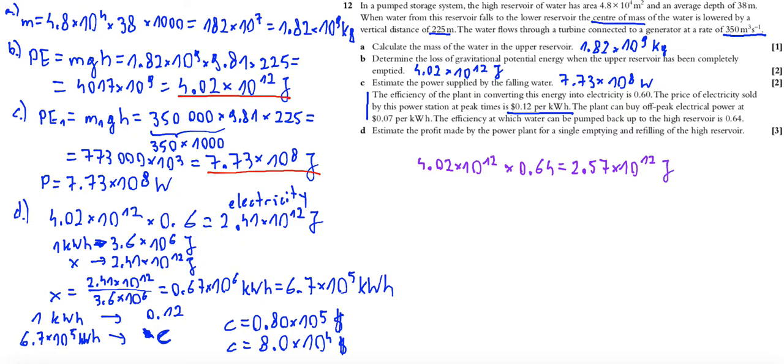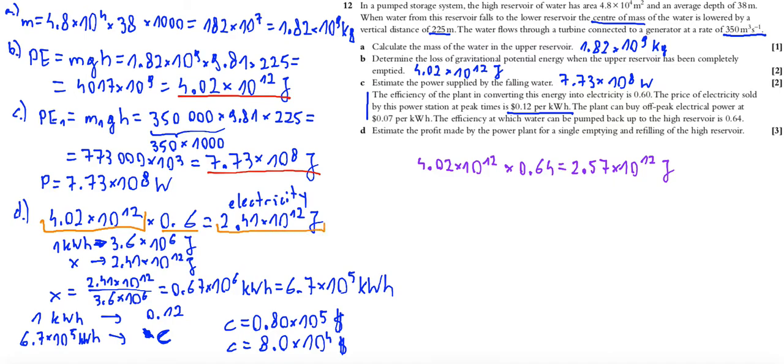Yes, wait, we have to pump this amount of water. Oh, probably I've calculated in a wrong way, because again, this is total. Let me go back here. This is total energy which is released by water, and efficiency is 0.6. So amount of electricity which is obtained is this. Okay, so this is correct.